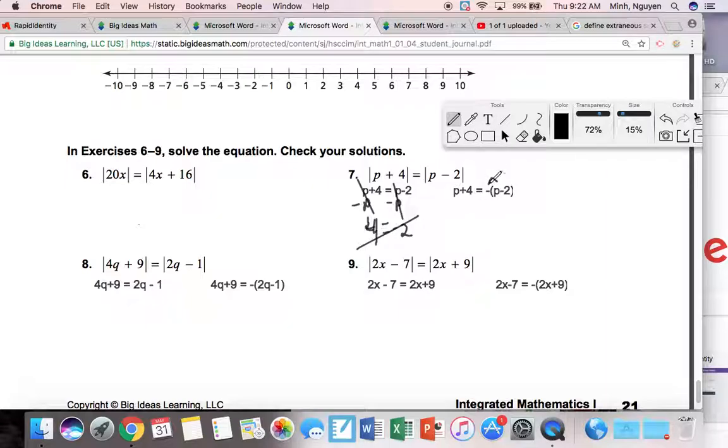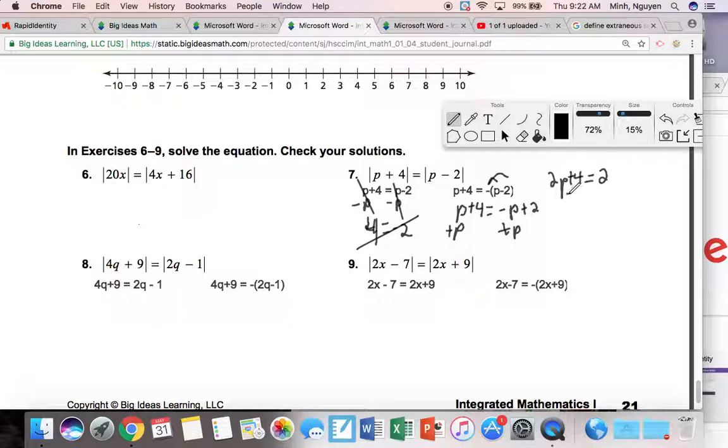Distribute this, distribute that. So p plus 4 is equal to negative p, and a negative times a negative 2 becomes a positive 2. Now I can add p to bring it to the left side. I got 2p plus 4 is equal to 2.